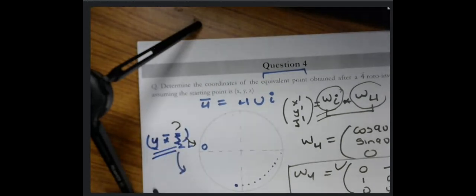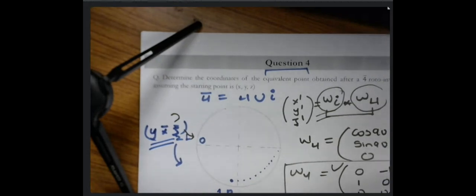This is one of the equivalent points we have found. This point is y, x bar, and z bar. Now, considering this to be our initial point, what we have to do?